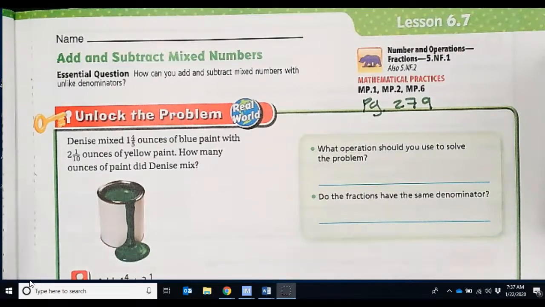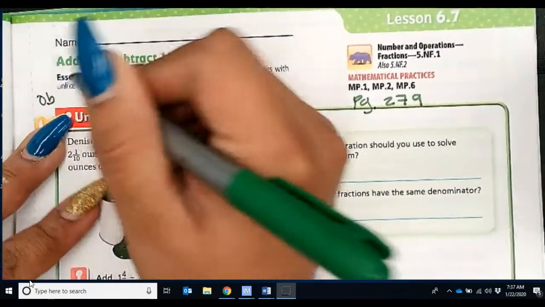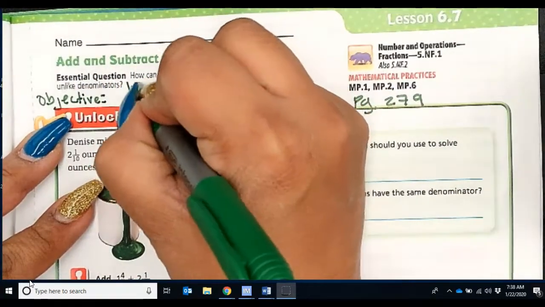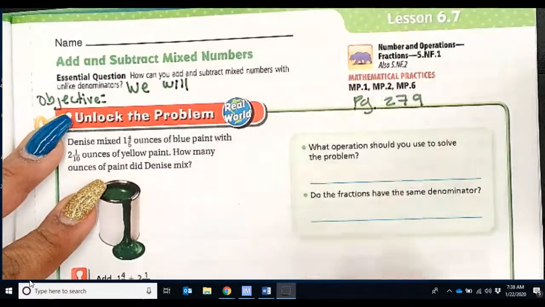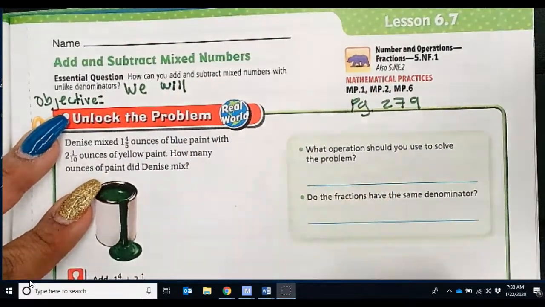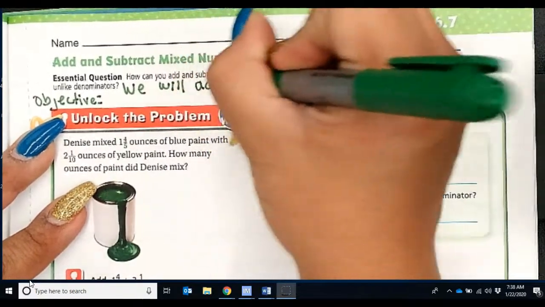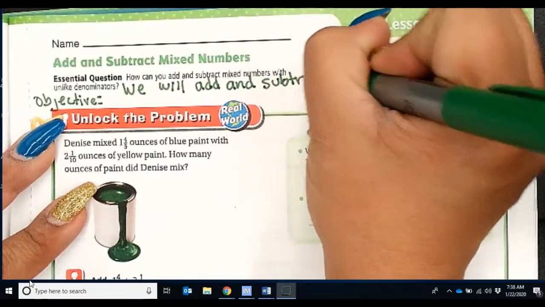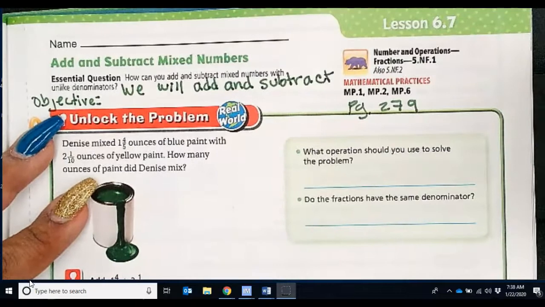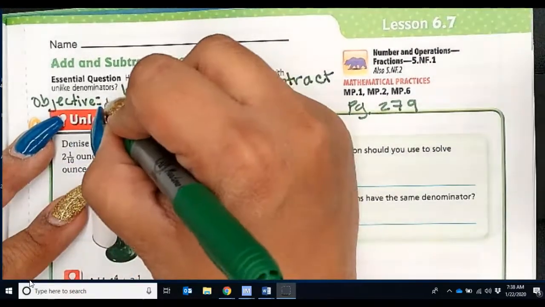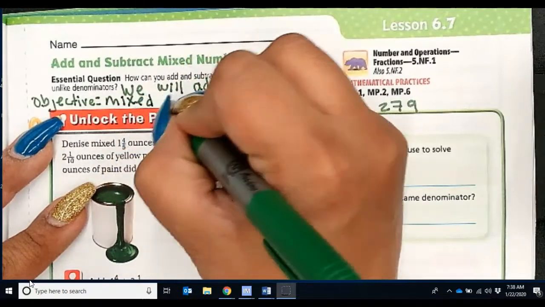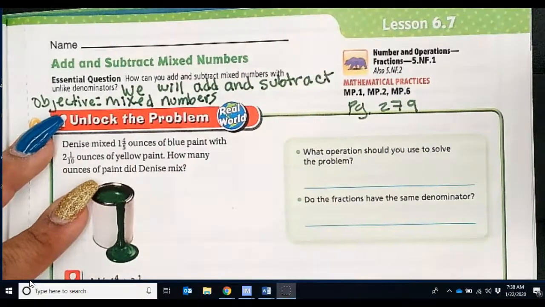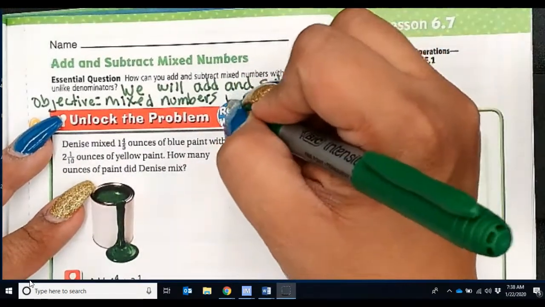The objective of this lesson, which you will write under the essential question, we will add and subtract mixed numbers with unlike denominators.